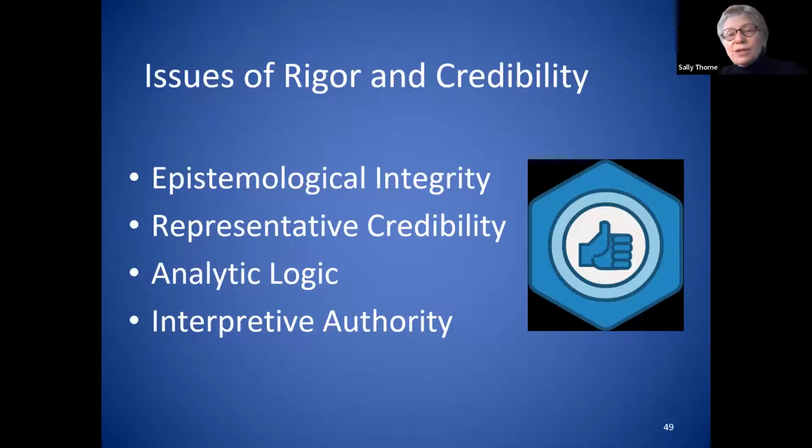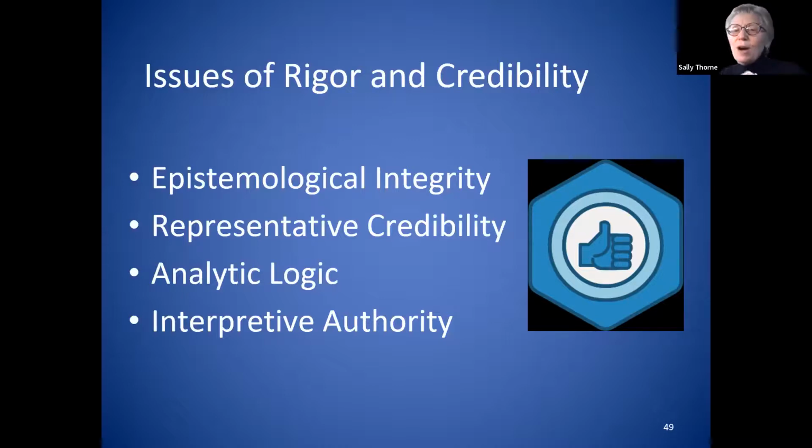The issues of rigor and credibility, like all qualitative research, are important. But in interpretive description, we articulate them because of this distinction in how we're thinking about the kind of research we're doing. We're thinking about different kinds of credibility and rigor measures, including, does it have an epistemological integrity? Does it align with the way my discipline thinks?